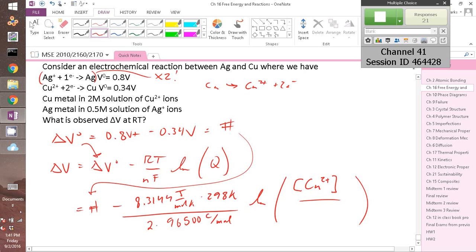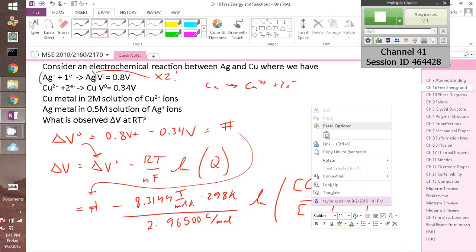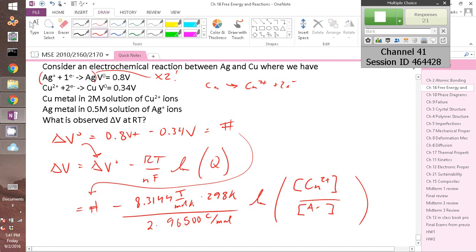Does it need an exponent? Why does it not need an exponent? Because the coefficient's 1 in the balanced equation, okay? Down here, what are we going to have? It's going to be the concentration of silver ions. Does it need an exponent? It does, because we had to multiply this whole thing by 2 to get 2 silver ions. So that's got to have a 2 there. We don't need to worry about copper metal because copper metal is a solid, its activity is 1.